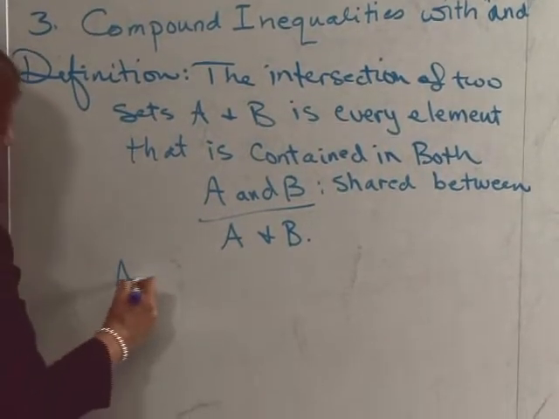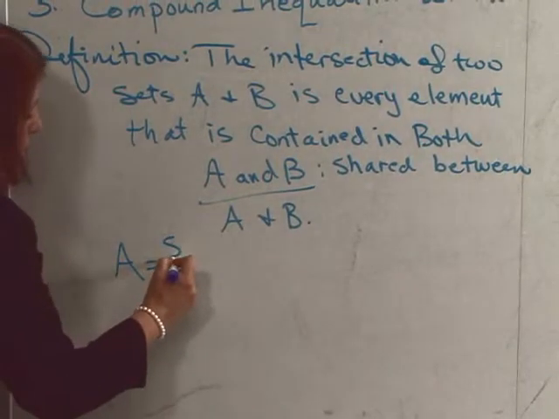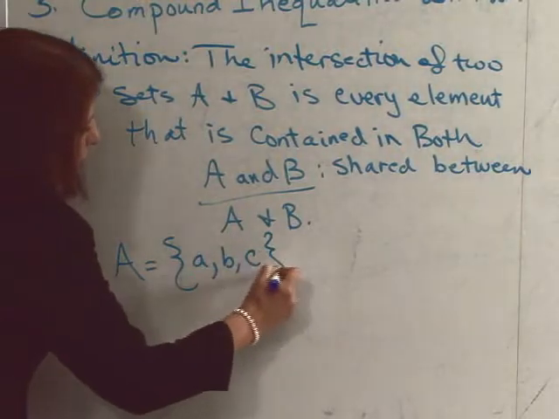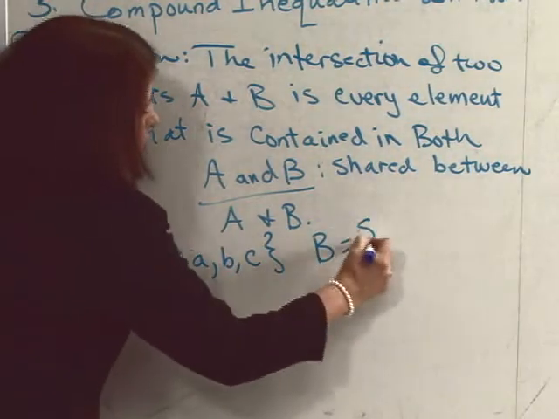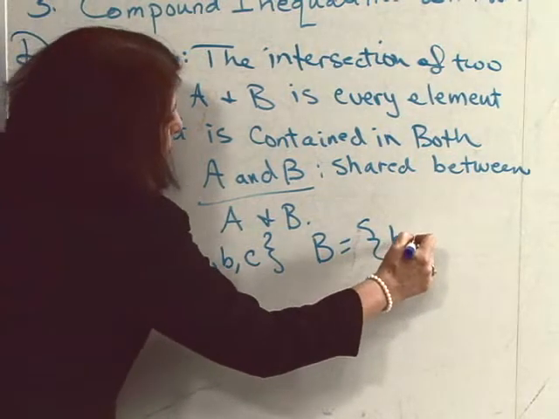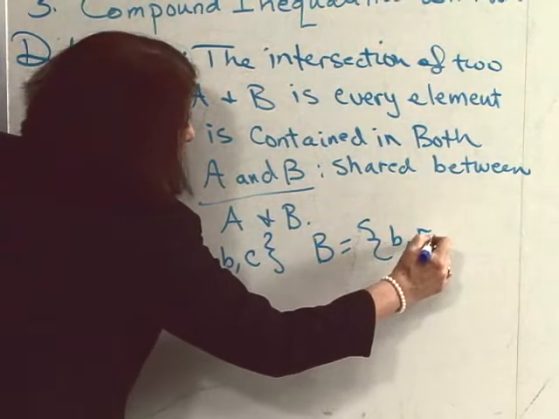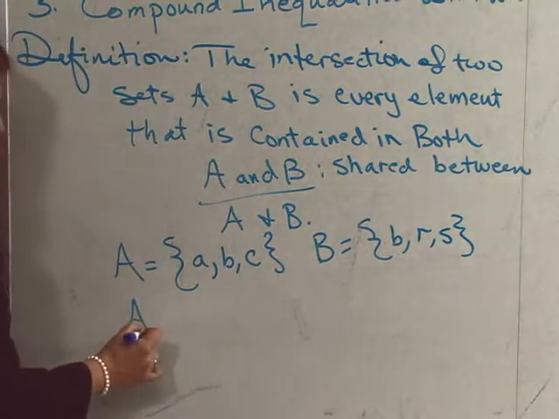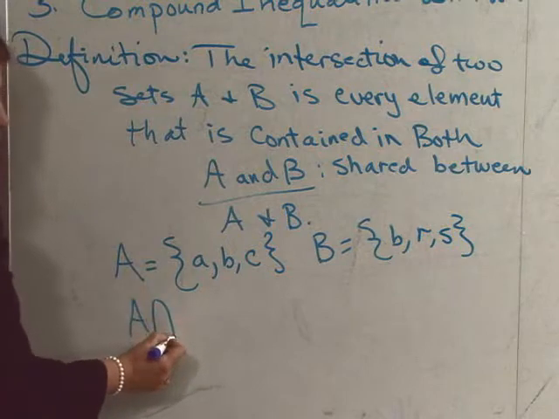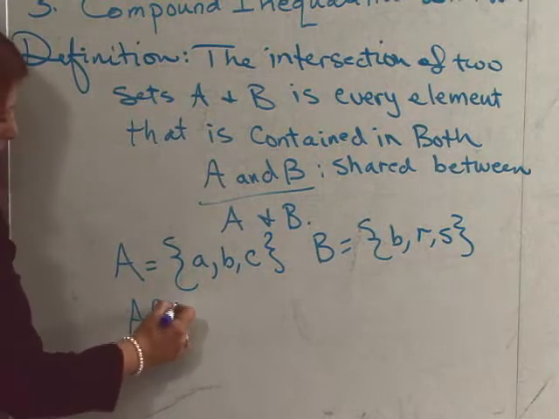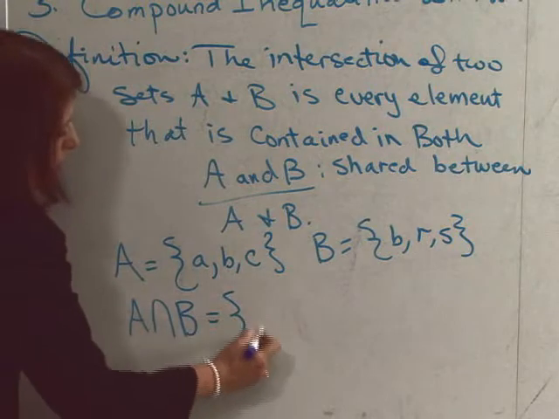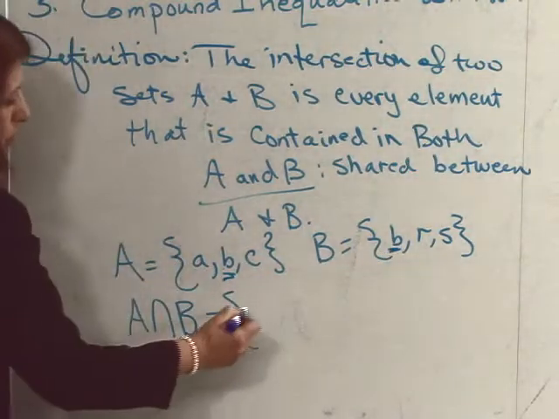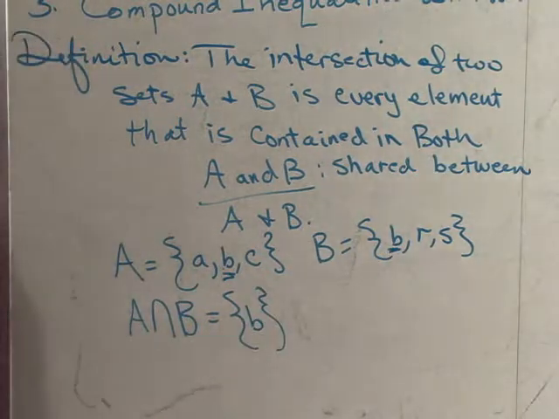So if set A is equal to, let's say, A, B, C, and set B includes B, R, S, then the intersection, denoted by A, upside down U, that means intersection B, is what's common to both, what's shared. And you can see the element B is shared between both of them.